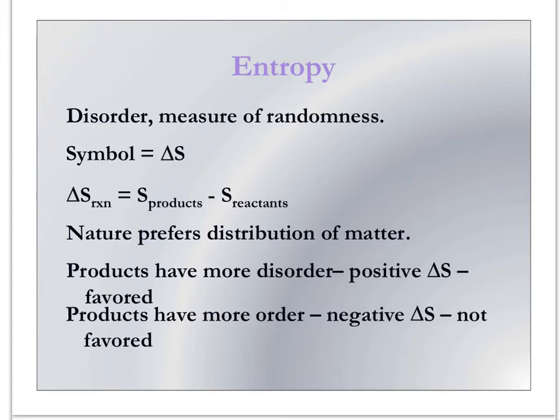Nature prefers disorder. The second law of thermodynamics says that in order for a process to happen, the entropy of the universe needs to be increasing. So, another example, if I have a vase sitting on a table, it is very easy to get that vase to break.